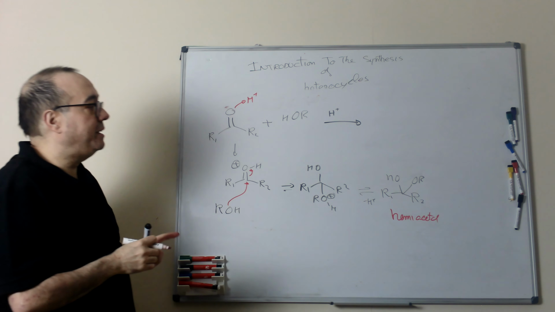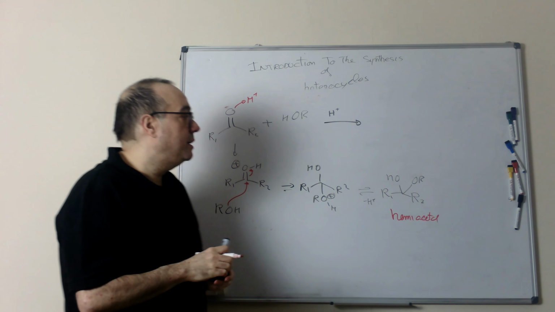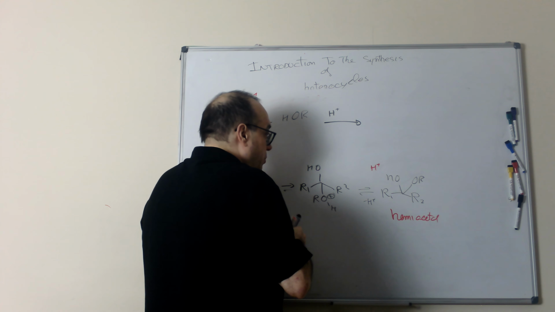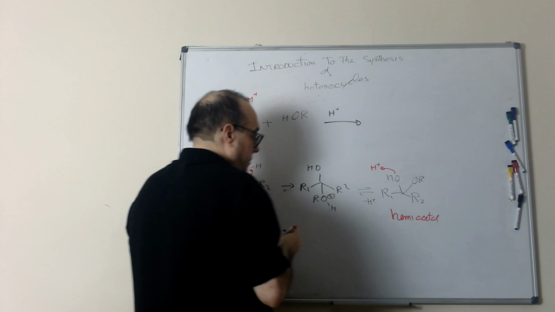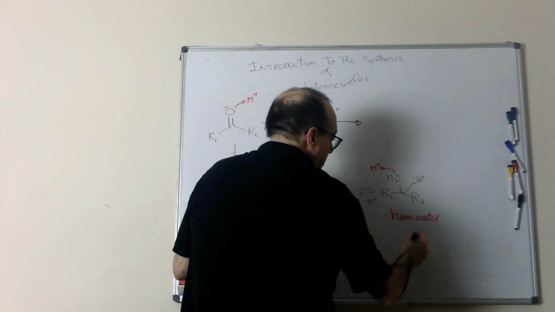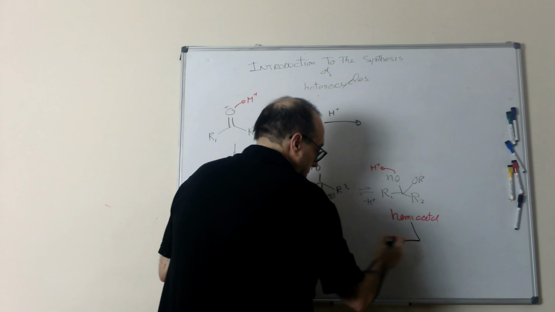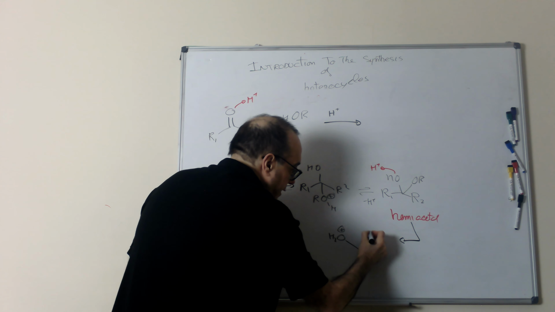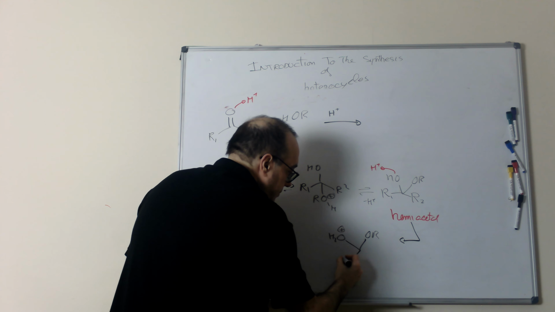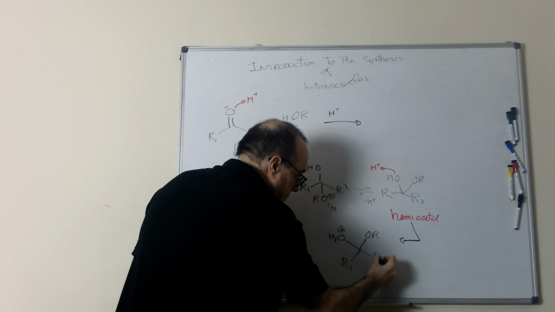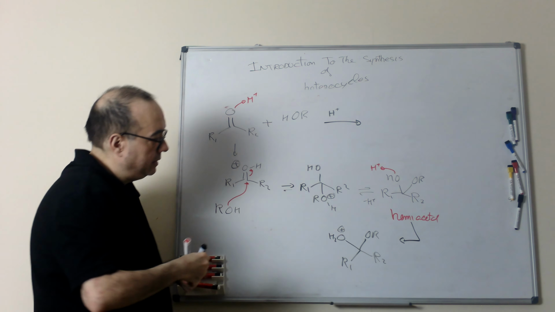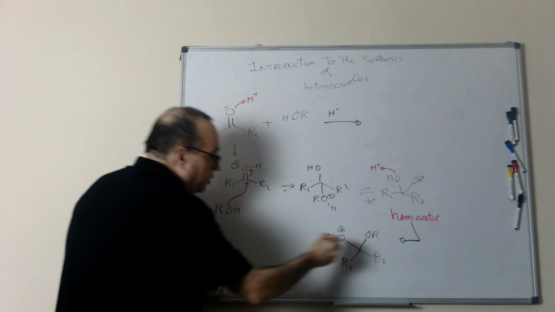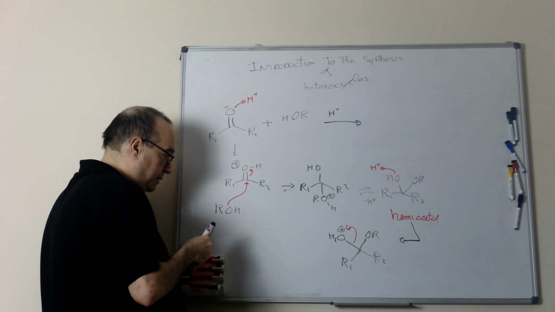What is happening next? We have to eliminate this OH. How we do it? Remember, OH is a very bad leaving group. That means that we will protonate first. And what we will get is this compound, this now is water, is a very good leaving group. That means that will leave.